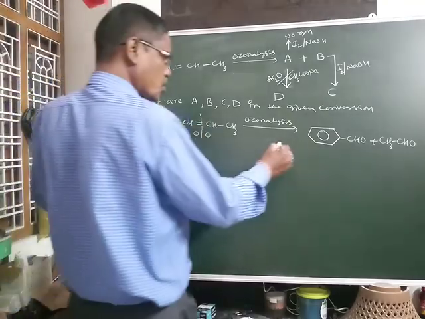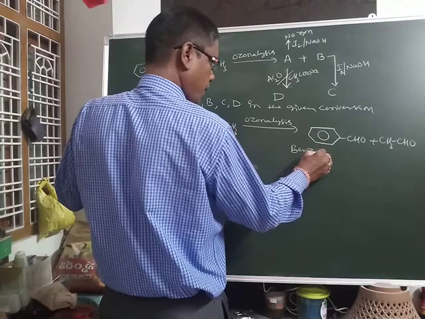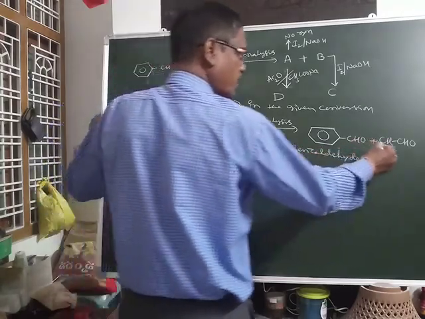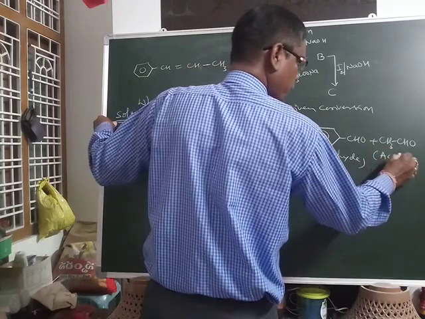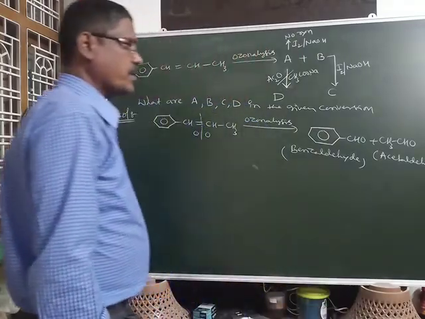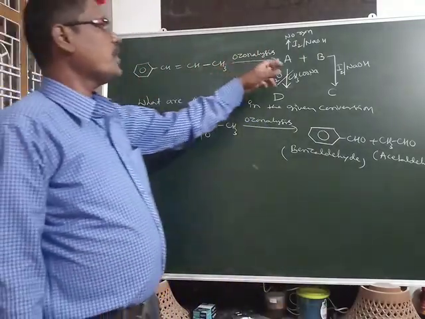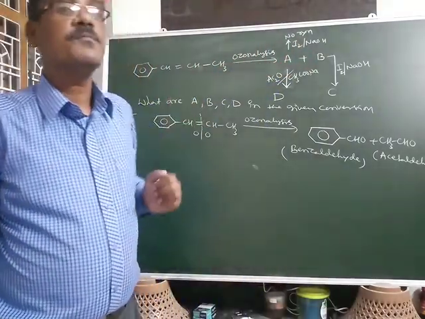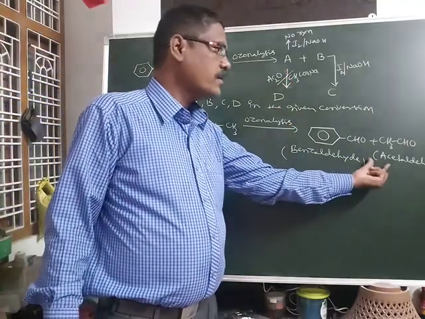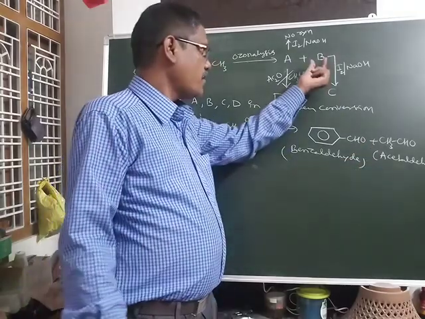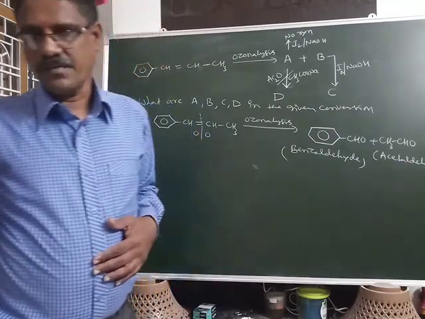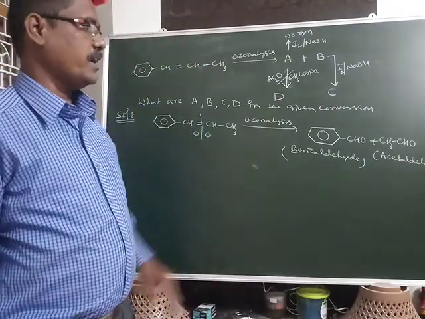One is benzaldehyde and the other one is acetaldehyde. In these two, which one is A, which one is B? That is the very important factor. Is benzaldehyde A or acetaldehyde A? We can find based on the given information.